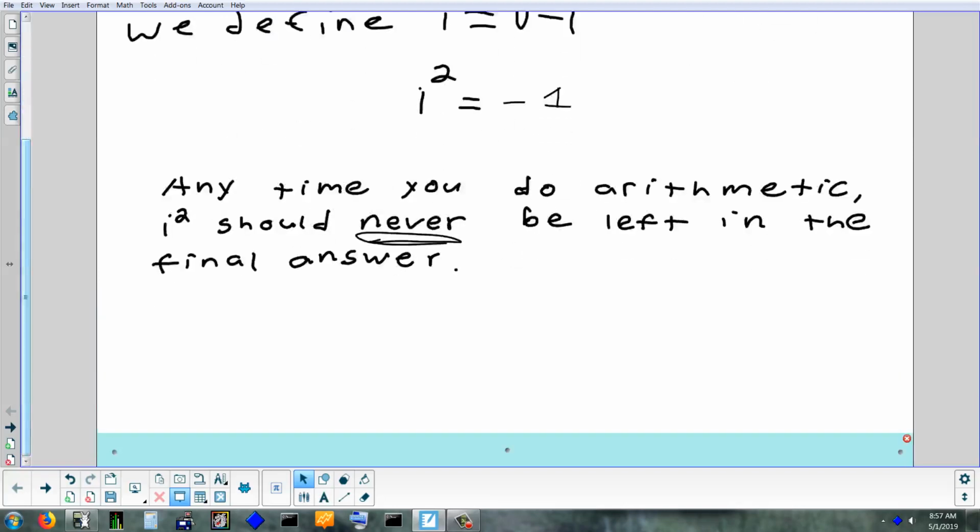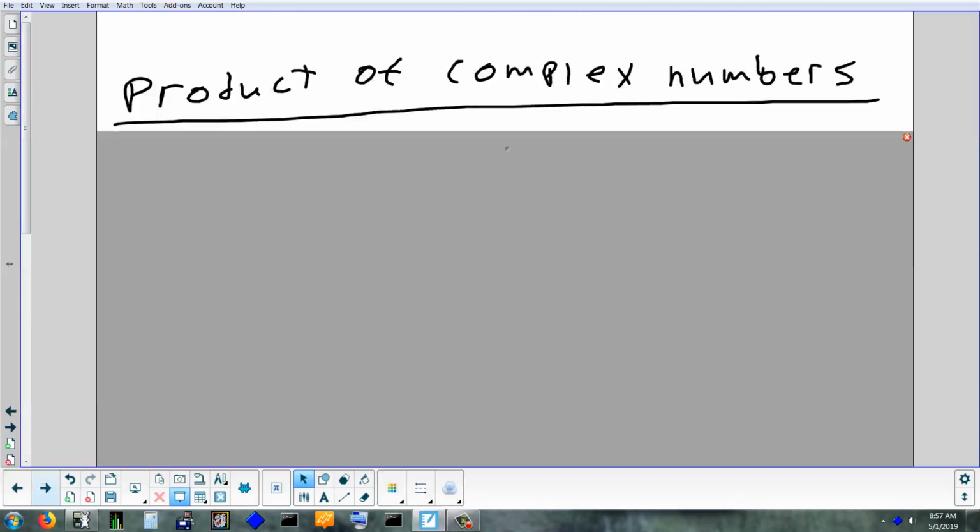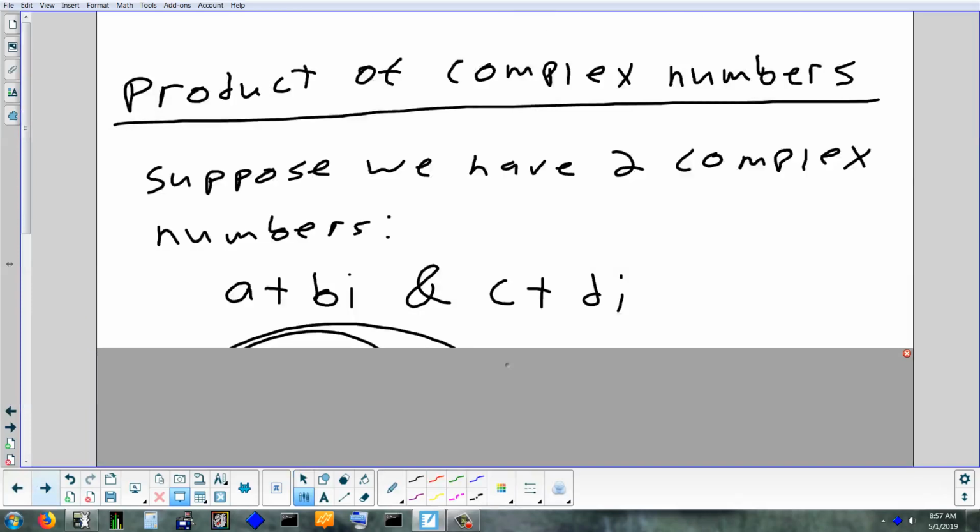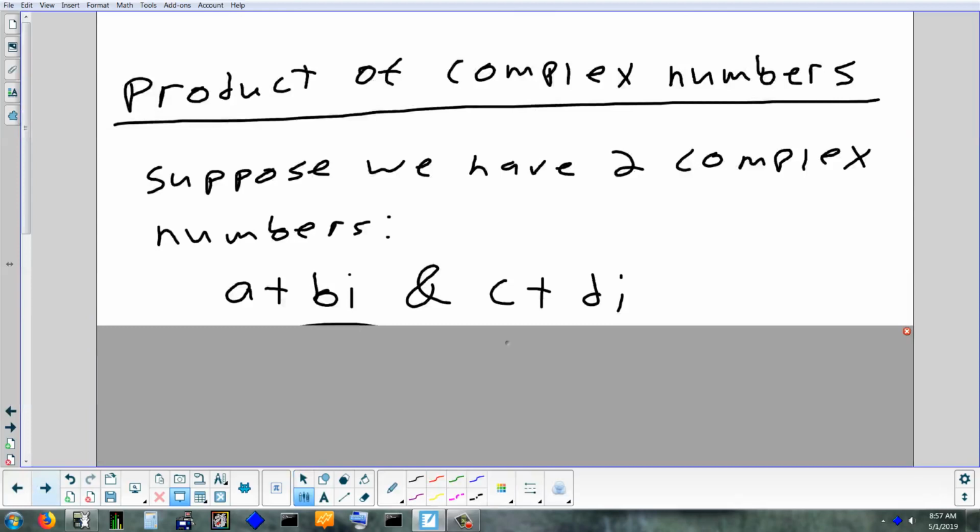All right. So let's look at how we multiply complex numbers. Multiplying is really the most important thing today, because when you do division, you really use multiplication. So if multiplication doesn't make sense, then nothing's really going to make sense today. You're going to have two complex numbers.